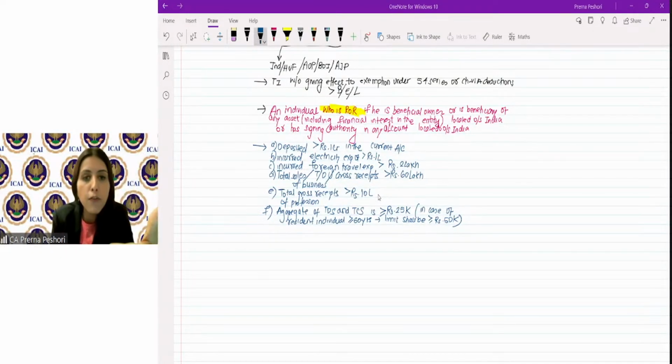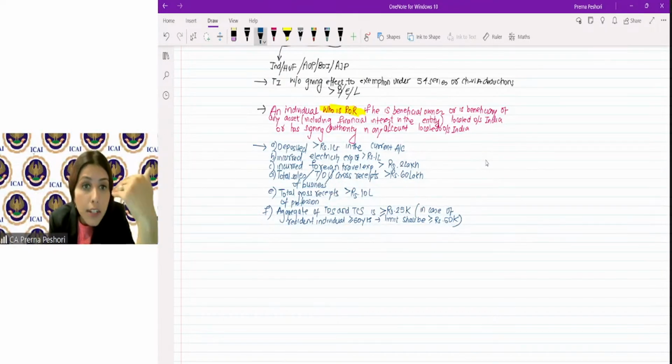If I am a beneficial owner or a beneficiary of any foreign asset or foreign bank account, or let's say, for example, I may have the financial interest in any foreign entity, or I have incurred these kinds of expenditure where I have the electricity expense of more than rupees 1 lakh, foreign travel expense of more than rupees 2 lakh.